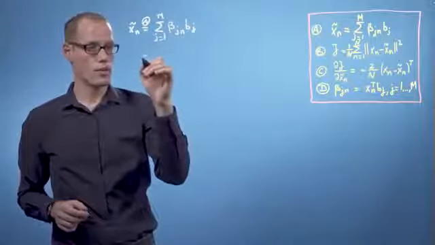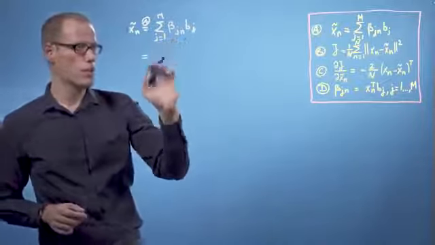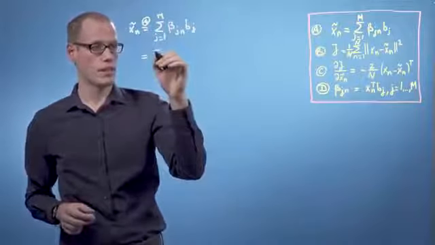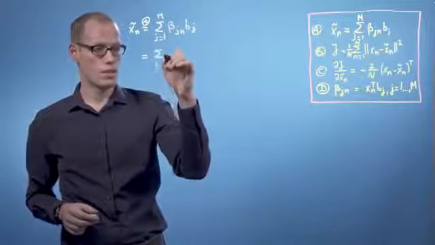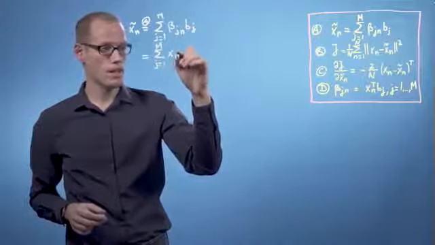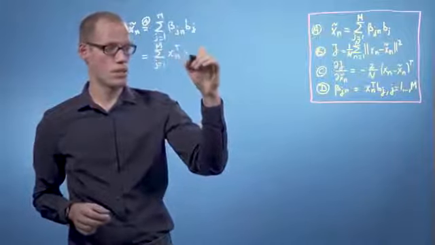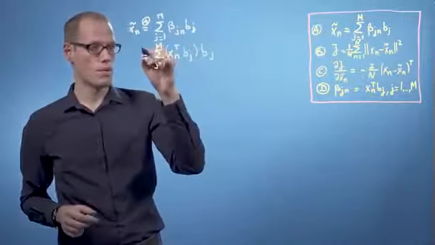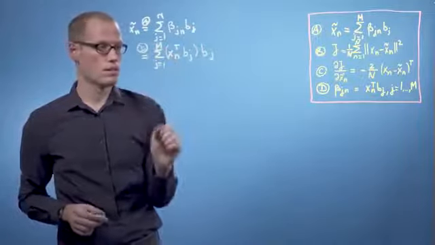If we now use the results for our optimal beta jn parameters from here, we get the sum over j equals 1 to m of xn transpose times bj times bj, where we used D.